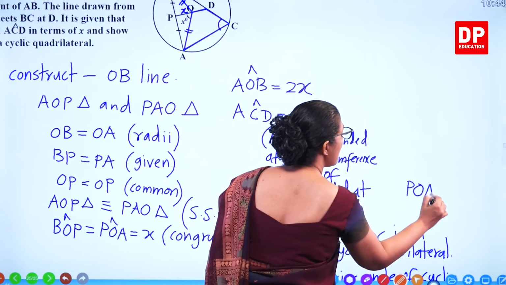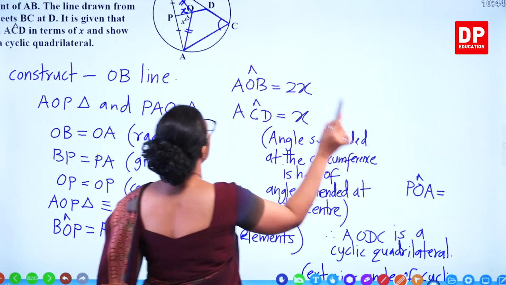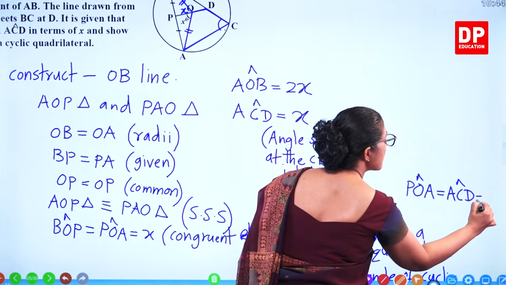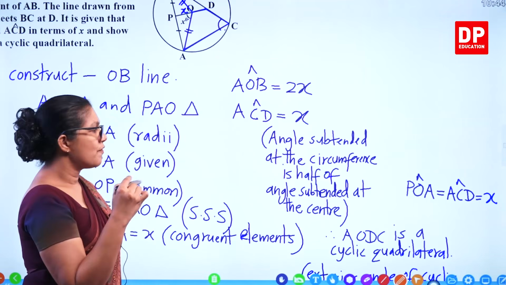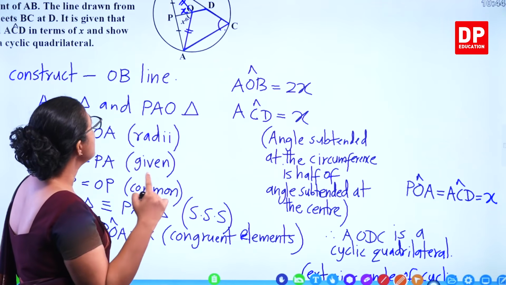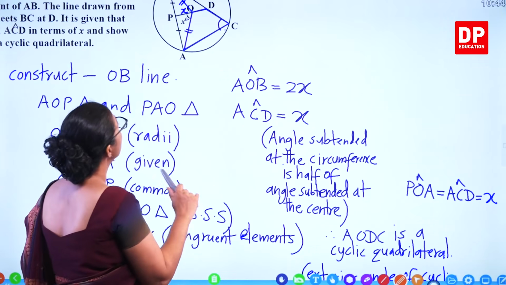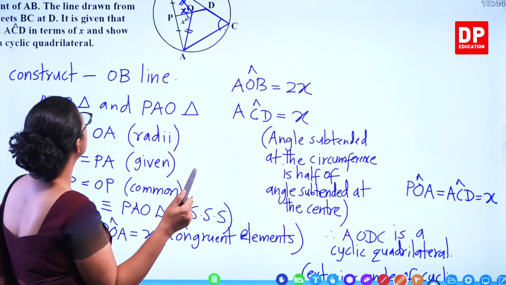POA is equal to this angle, angle ACD. ACD is X. So the theorem is that when the exterior angle is equal to the opposite interior angle, that's a cyclic quadrilateral.